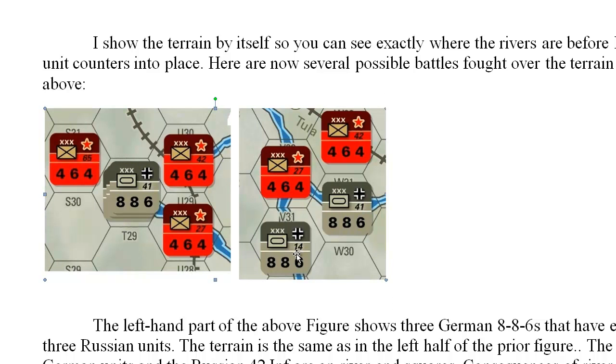The river line runs vertically, and therefore the German unit is doubled with respect to this unit. However, if the Russian attacks with both combat units, then it turns out this unit undoubles the German because it's not behind a river square, and the odds are 8 to 8 or 1 to 1.